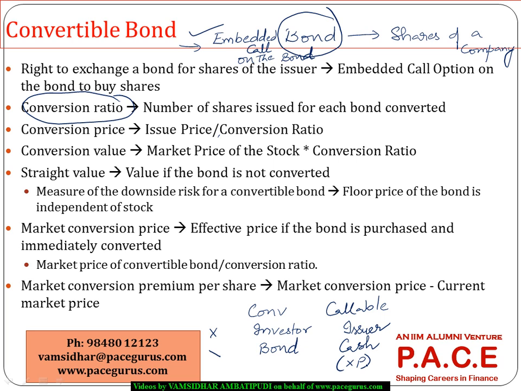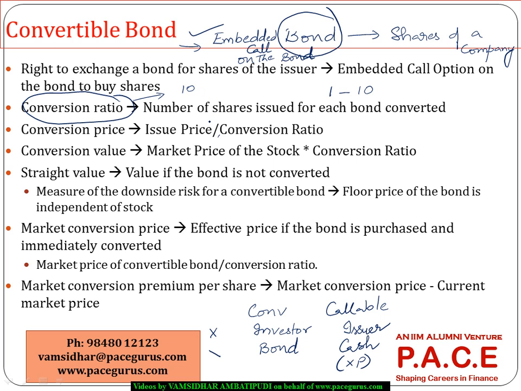And the conversion price is simply the price of the issue divided by the conversion ratio. So if I am saying that for one bond, 10 shares are given, the conversion ratio is 10.